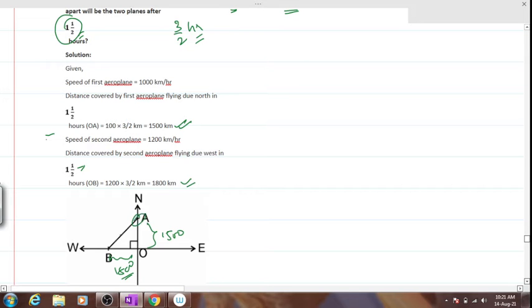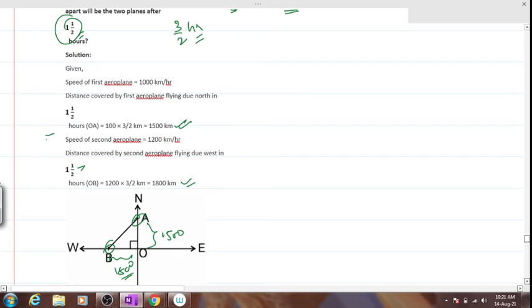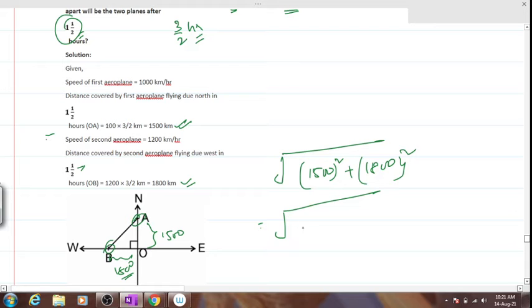Now we are asked to calculate the distance between these 2 points, right? These 2 planes, right? Yes or no? Can we calculate by Pythagoras theorem? Root over 1500 square plus 1800 square. Tell me, what are we getting out here?